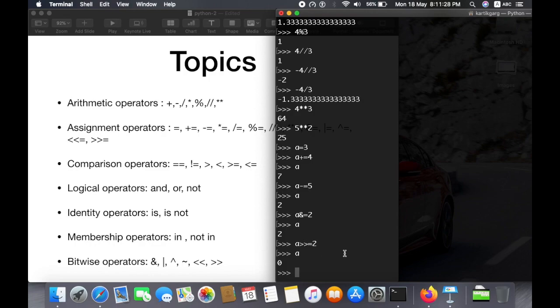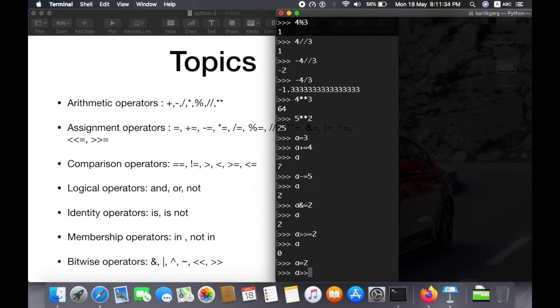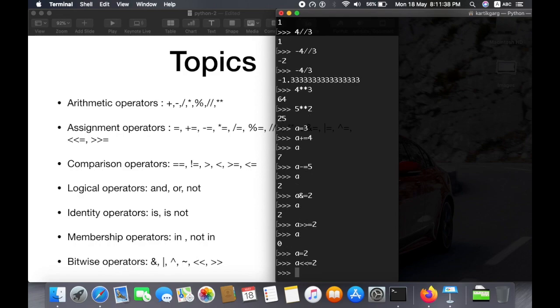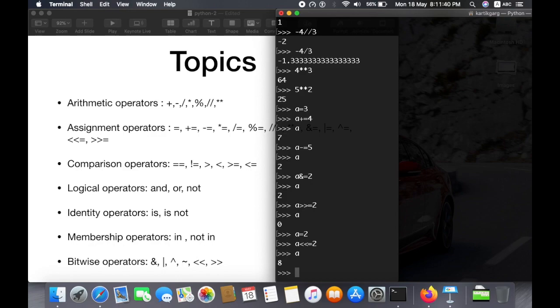But suppose a is equals to 2 again, and now I perform the left shift operator, then what will happen? It gives me 8. Why?